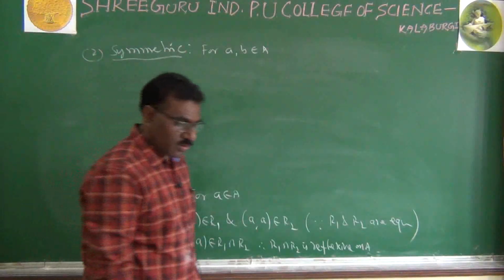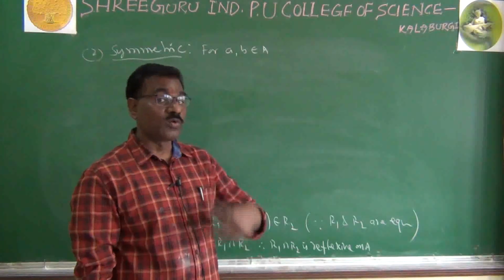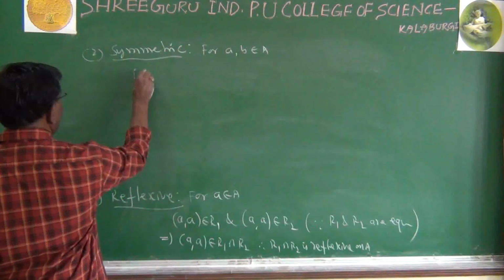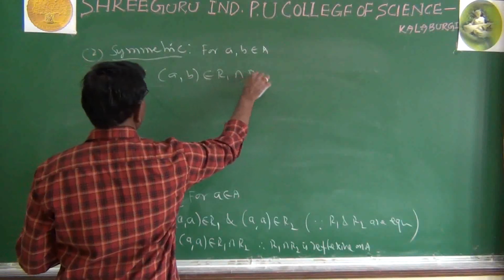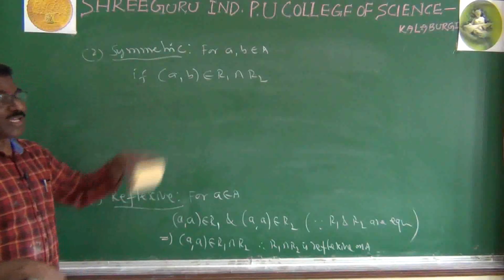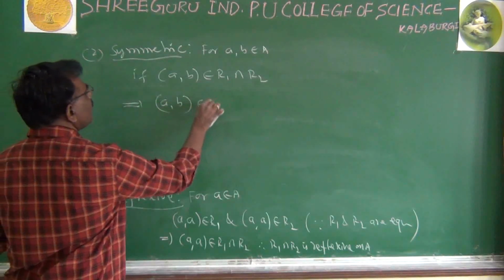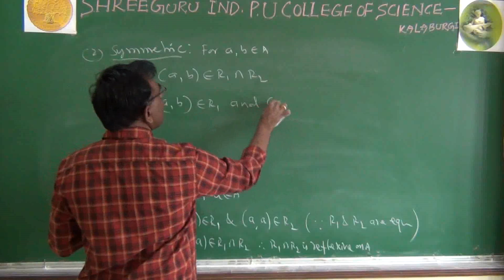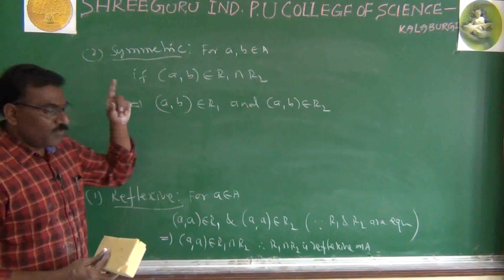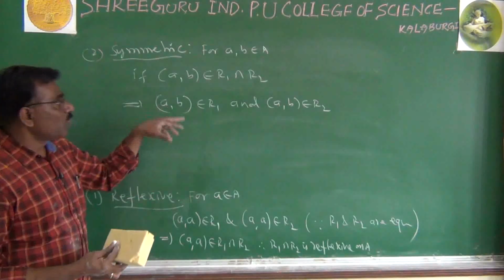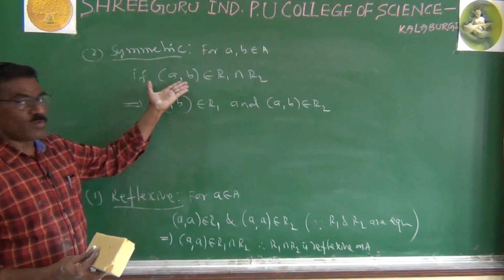So what is given? a, b belongs to R1 intersection R2. We have to prove b, a belongs to R1 intersection R2. It implies a, b belongs to R1 and a, b belongs to R2, because in intersection you have to select one ordered pair a, b.